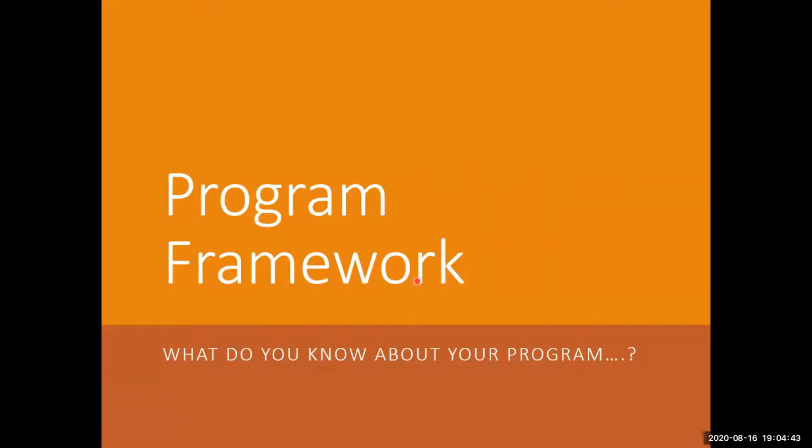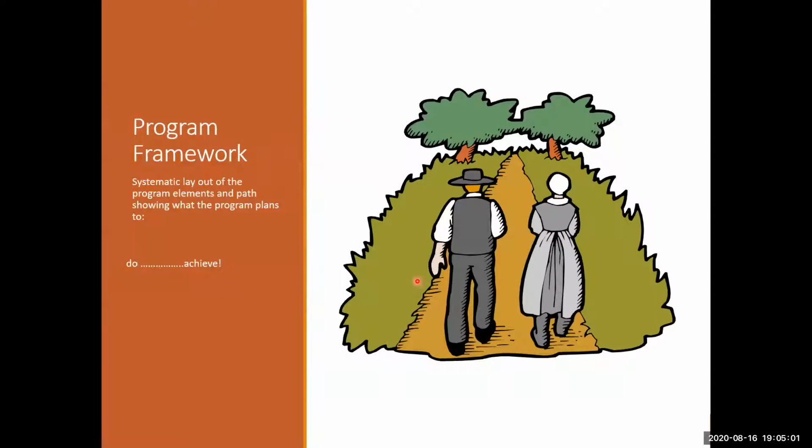So, program framework. Framework is, as we said, the frame of the work. When you put a picture inside the frame, everything inside the frame is a picture. So when you put the program inside the frame, you should follow systematic steps. It is a systematic layout of the program elements and path showing what the program plans to do and to achieve.